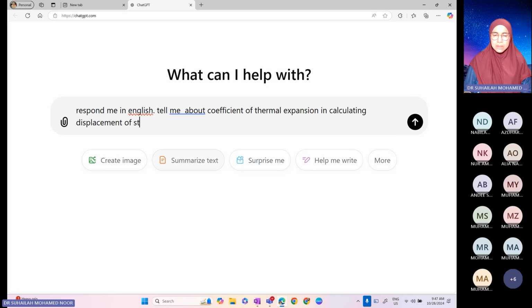Displacement truss structure. How it affect the results.